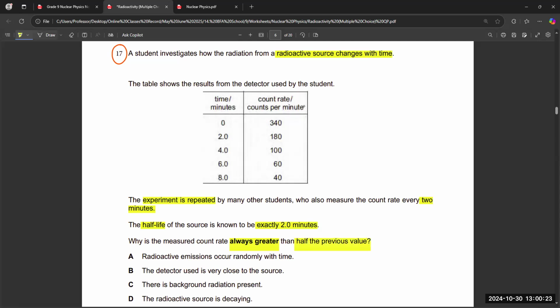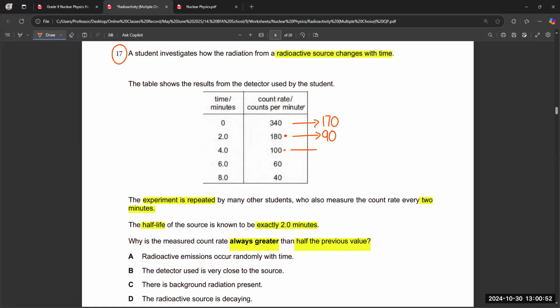So in the table, you can see that initially we have 340, right? If you divide 340 by 2, you will get 170. But we are getting 180. And again, if you divide 180 by 2, you need to get 90, but we are getting 100.